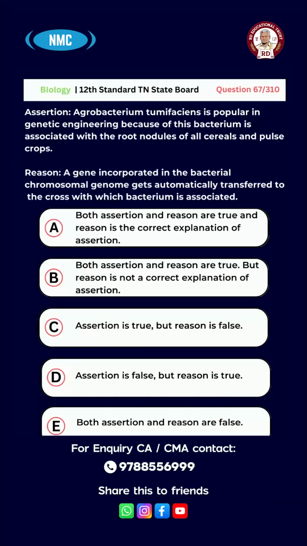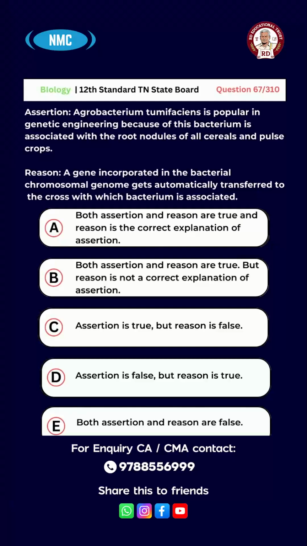Question number 67. Assertion: Agrobacterium tumefaciens is popular in genetic engineering because this bacterium is associated with the root nodules of all cereals and pulse crops. Reason: A gene incorporated in the bacterial chromosomal genome gets automatically transferred to the crop with which the bacterium is associated. The options are A, both assertion and reason are true, and reason is the correct explanation of assertion.